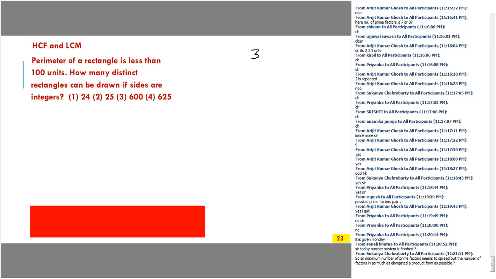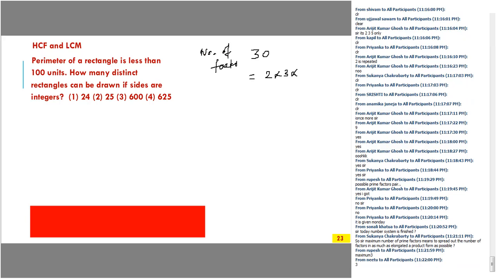See, for example, if the number of factors is 30, sorry, before I go to that: how many prime factors can a number have if the number of factors is 30? Can anybody tell me? 2 into 3 into 5, is that 3 prime factors or not? Maximum is 3.